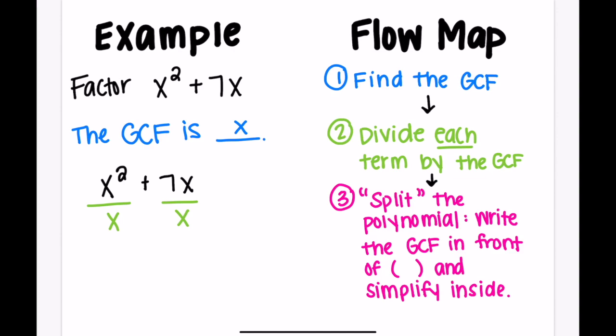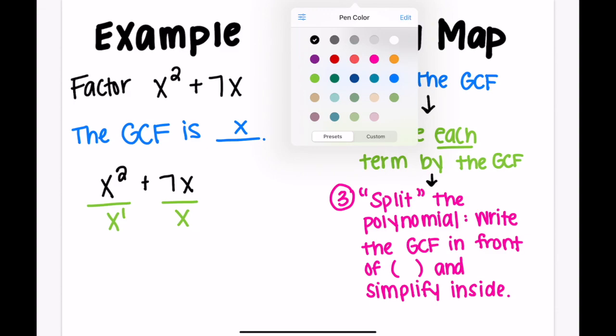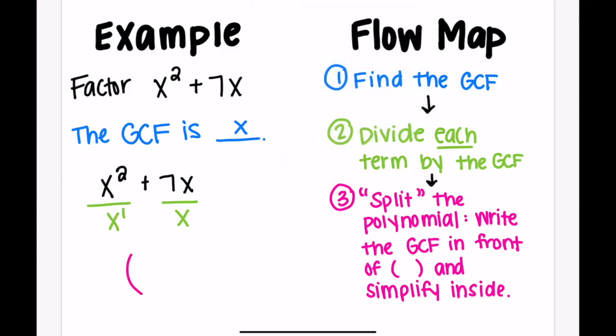Now when you're dividing variables, essentially what happens is you're subtracting the exponents. So basically we're taking an x away from each of those terms. So what will happen here is I'm still going to write my parentheses. The GCF is going to go in front, and then we simplify.